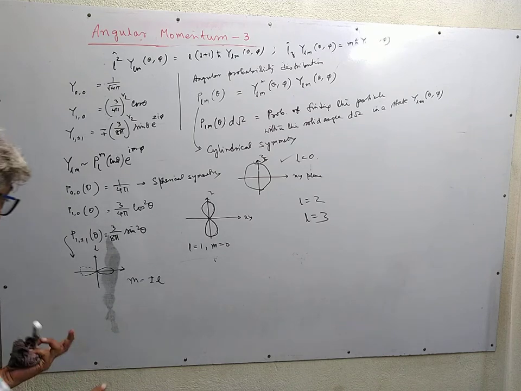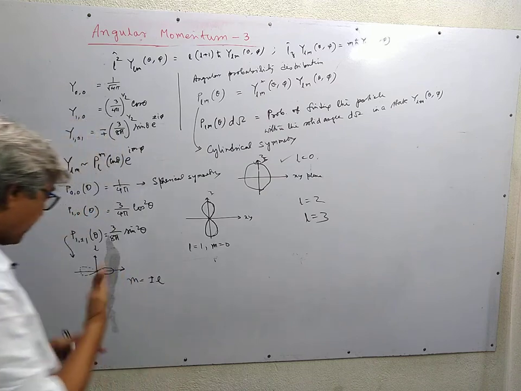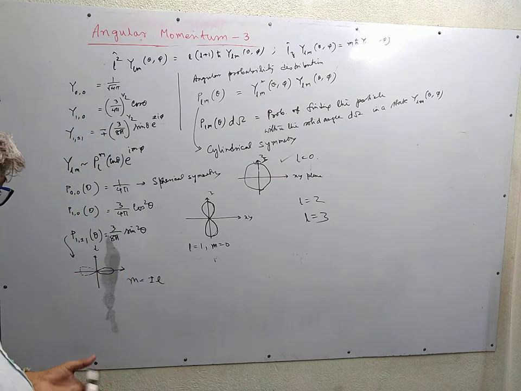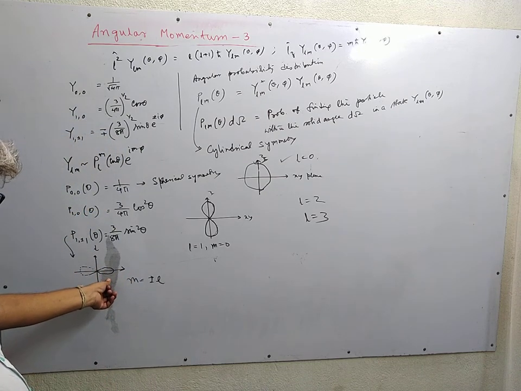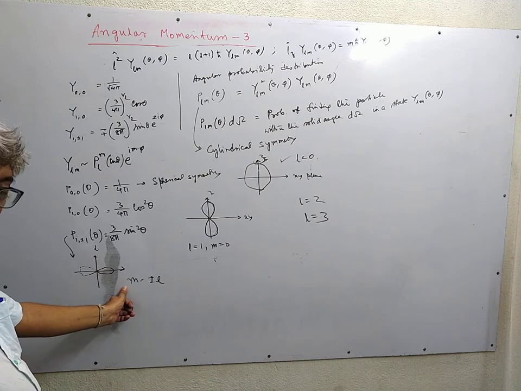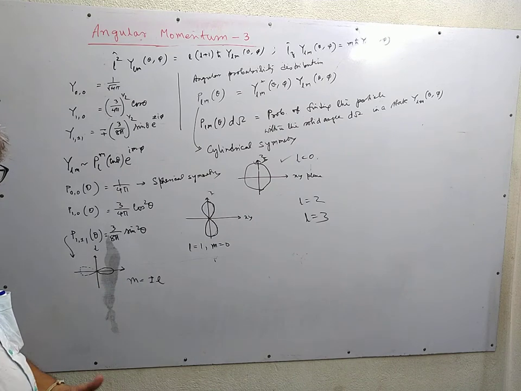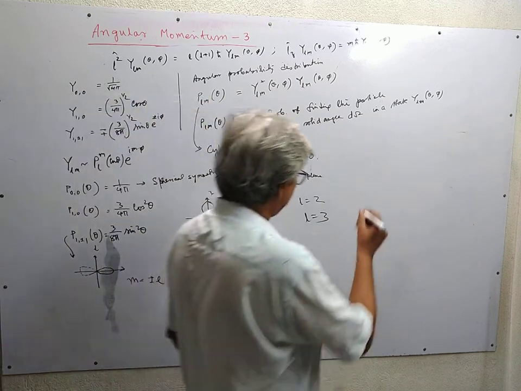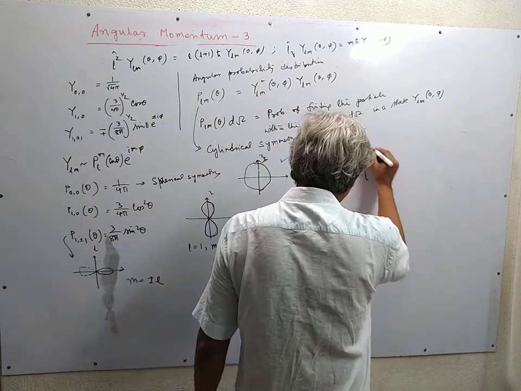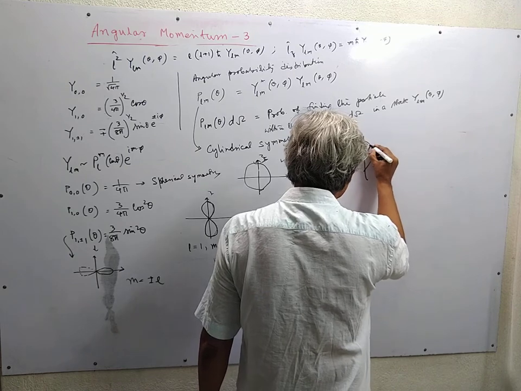What is the significance that the curve looks like this when M is maximum? When M is maximum, the rotation takes place along the maximum projection.